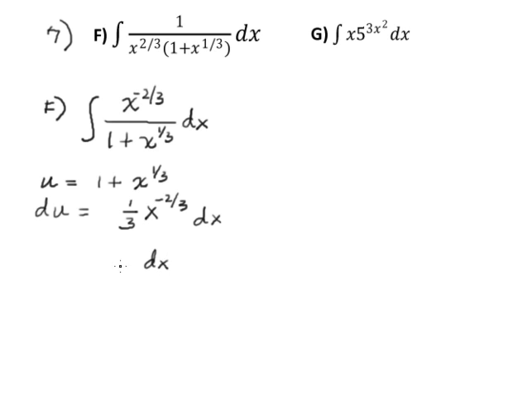So dx times x to the minus 2/3, which is what we have in the integral, is equal to 3 du. So we'll substitute 3 du for x to the minus 2/3 dx.